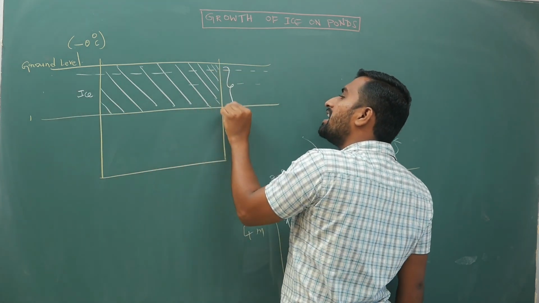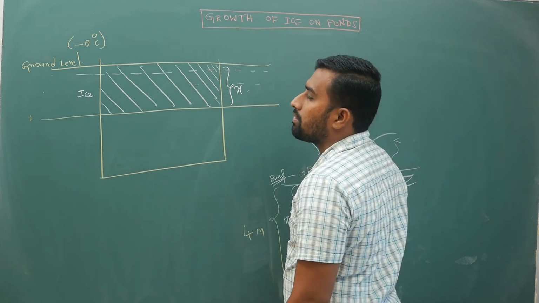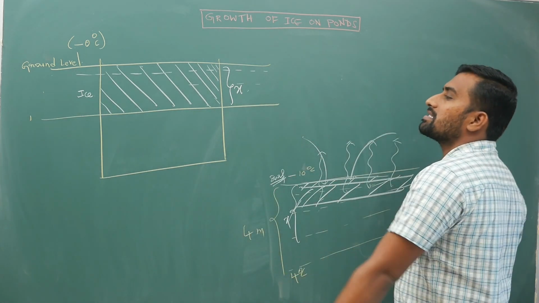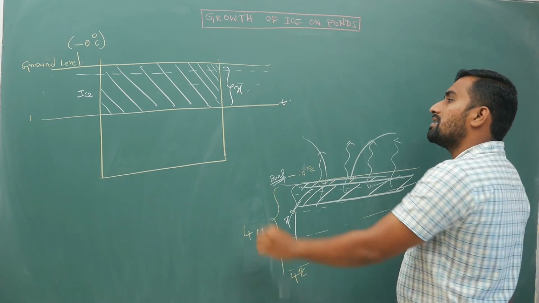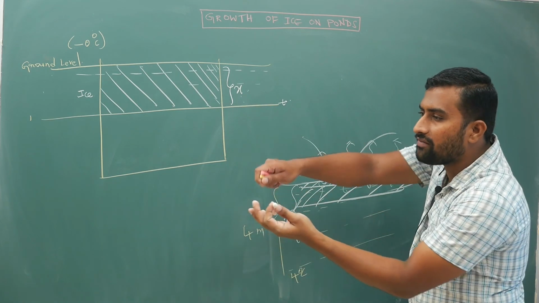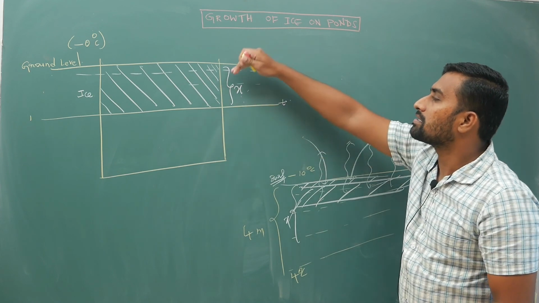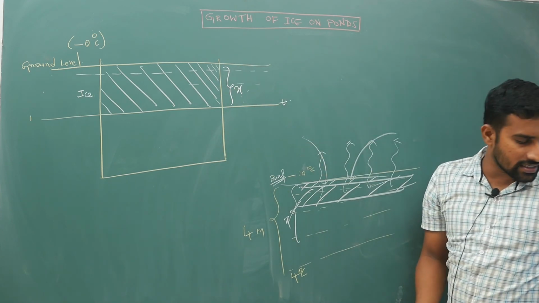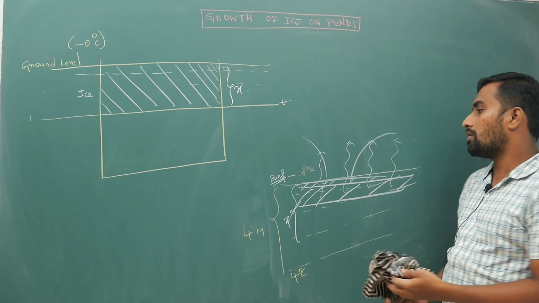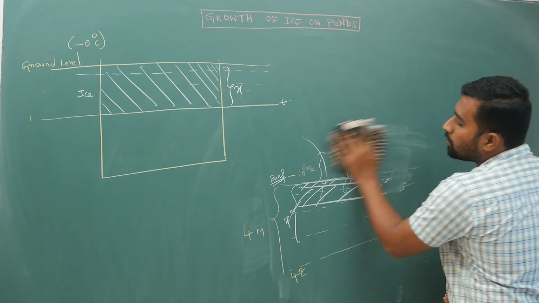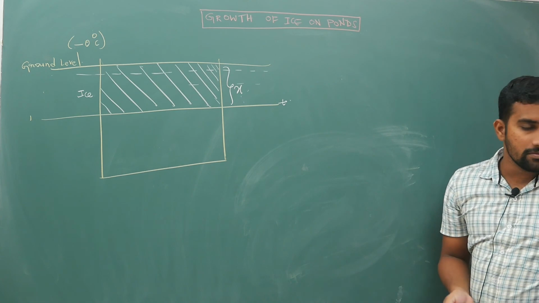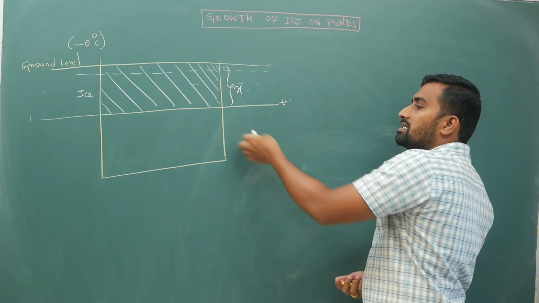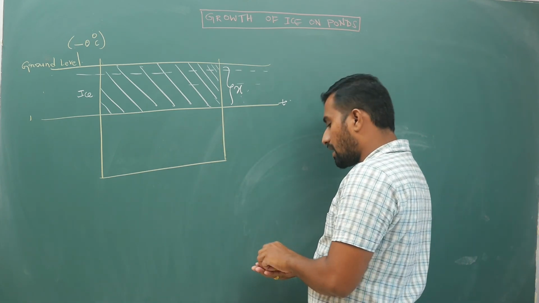Let us say at some instant that you are seeing here, after time t, some x amount of depth from the surface of water has converted into ice. Now we are supposed to calculate, after some more time, how much this depth of ice is.